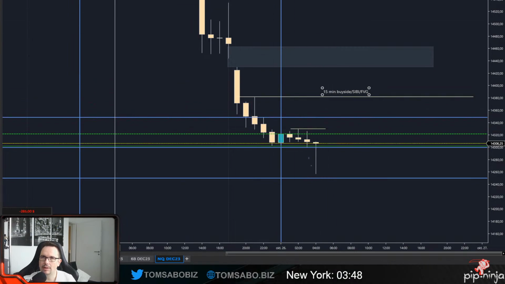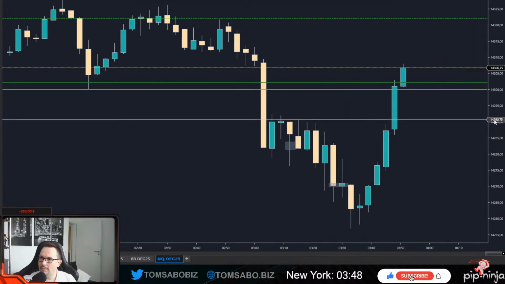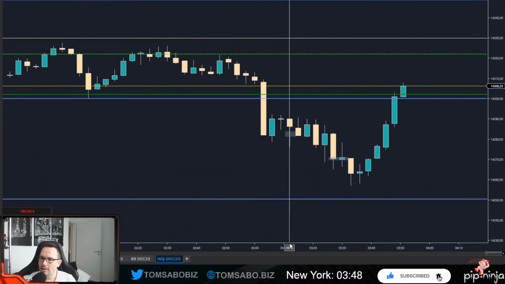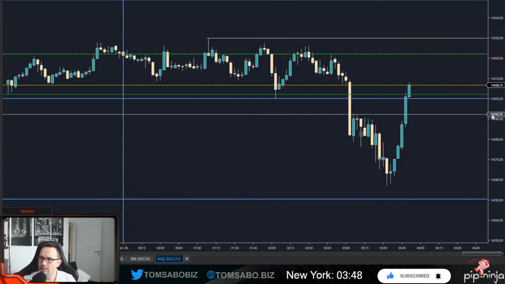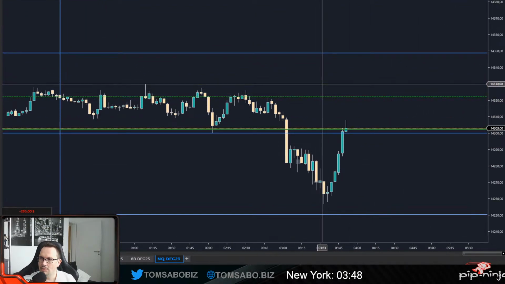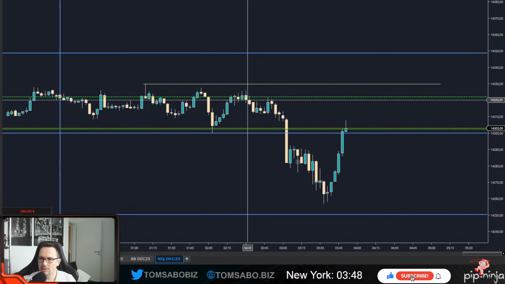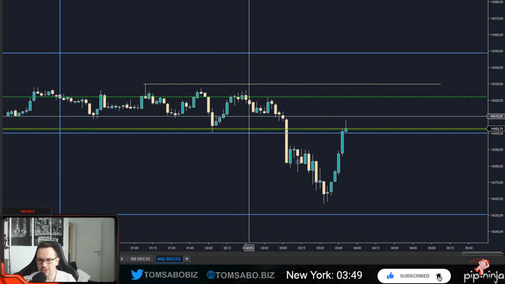That should be down there. That's what we're looking for. So this is the 5-minute NQ. The reasonable target would be 330, but we have some congestion zone or resistance here.